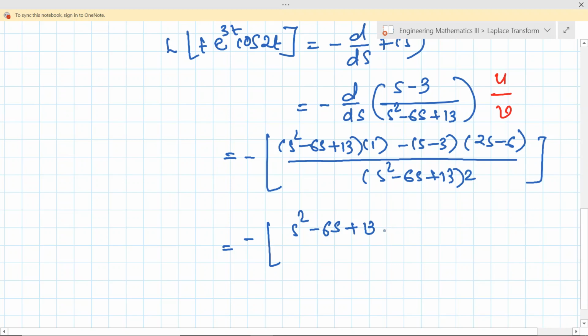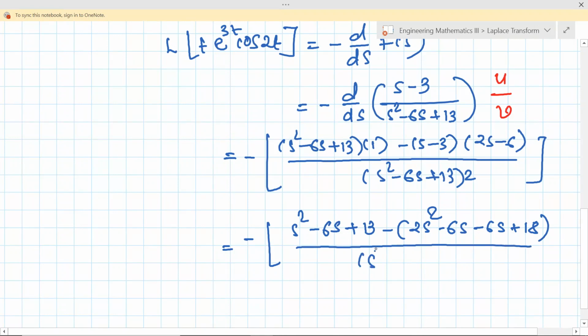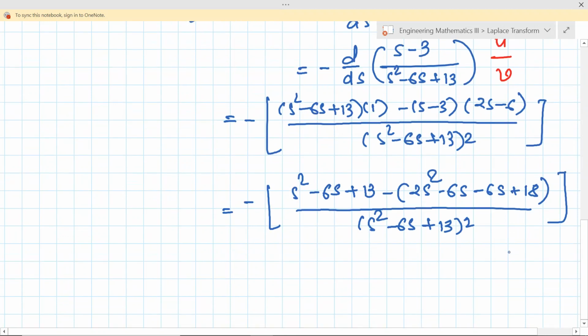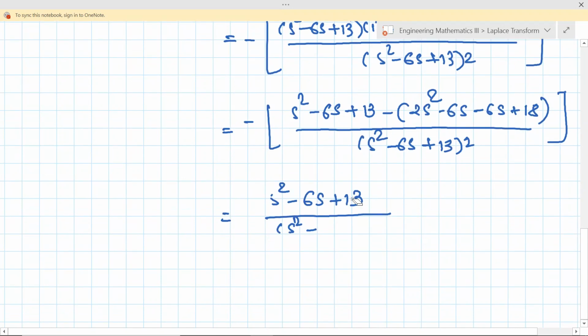If we do the product, s into s is 2s square, s into minus 6s is minus 6s, and 3 into 6 is plus 18, divided by s square minus 6s plus 13 bracket square. After simplification, the final answer is s square minus 6s plus 5 over s square minus 6s plus 13 bracket square.